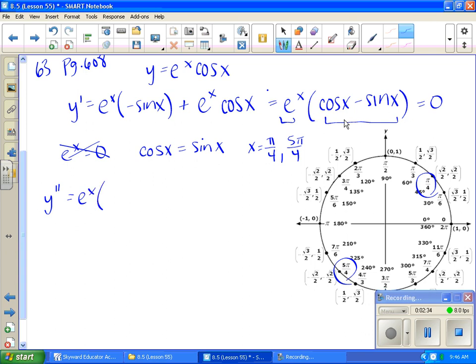What's derivative of cosine? Negative sine. And derivative of this minus sine is? Minus cosine. Plus, I'm going to take the derivative of e to the x. And I'm going to leave this piece alone. And then I'm going to multiply this through to see if anything cancels.